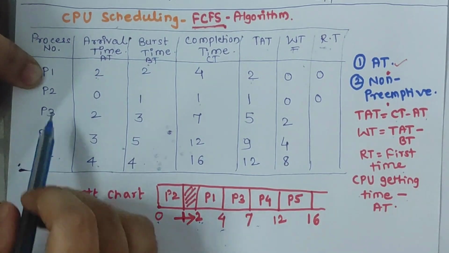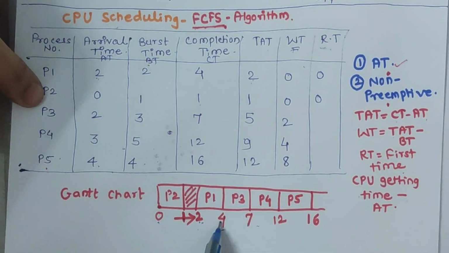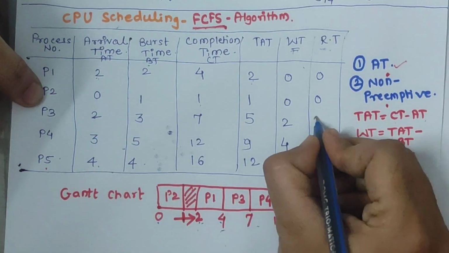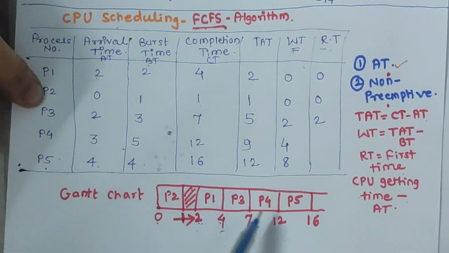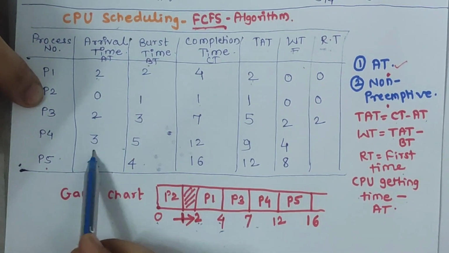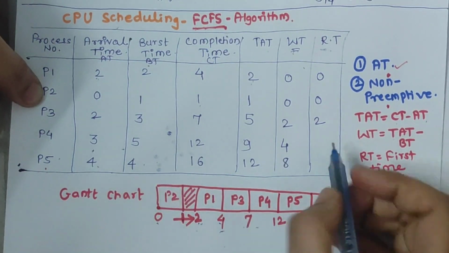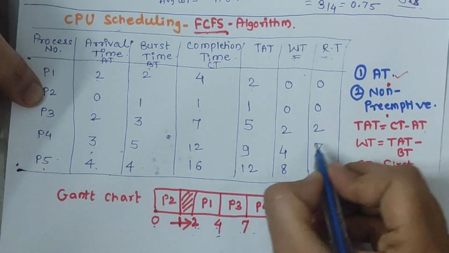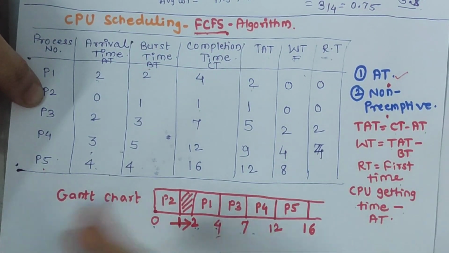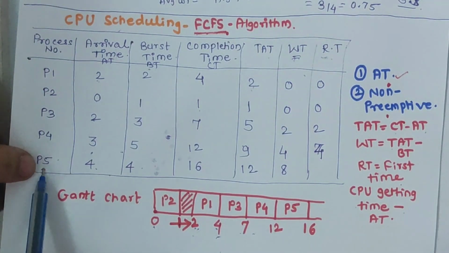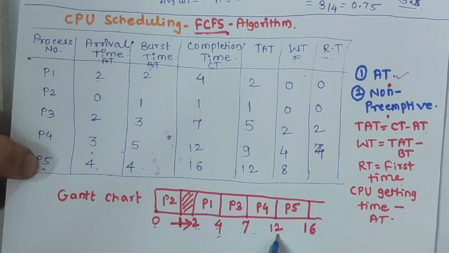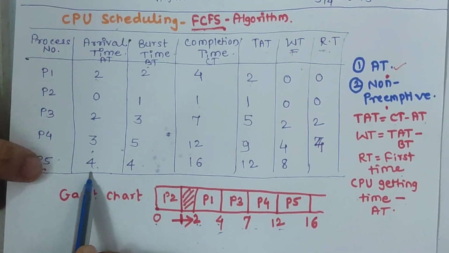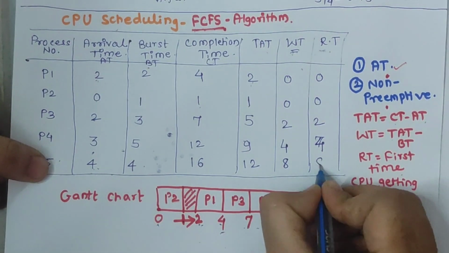P3 got the CPU at 4 and the arrival time of P3 is 2, so the response time will be 2. P4 got the CPU for the first time at 7 and the arrival time is 3, so 7 minus 3, that is 4. And then P5 got the CPU for the first time at 12 and the arrival time is 4, so 12 minus 4, that is 8.